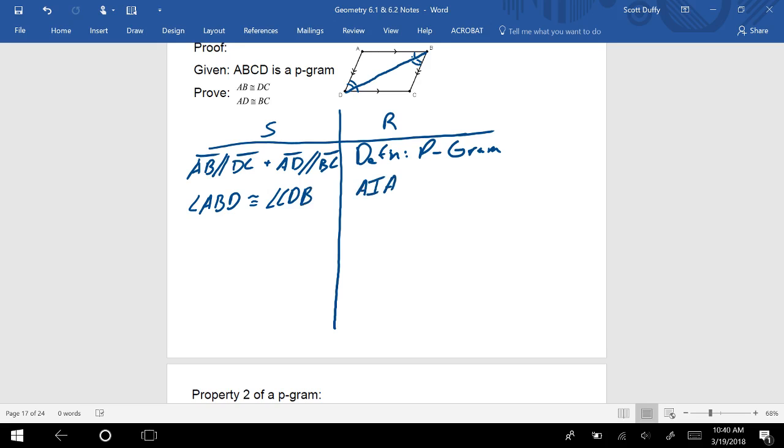I'll also say that angle, let's do this one, ADB, is congruent to this angle, CBD, because those are also alternate interior angles.